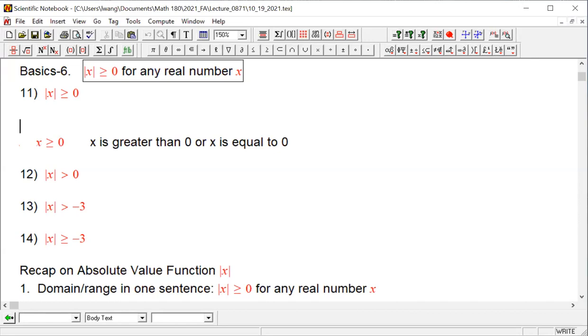You got it, Alexa. The solution is all real numbers, because every number you take the absolute value of is going to be at least 0. Do you guys understand what I'm saying here?